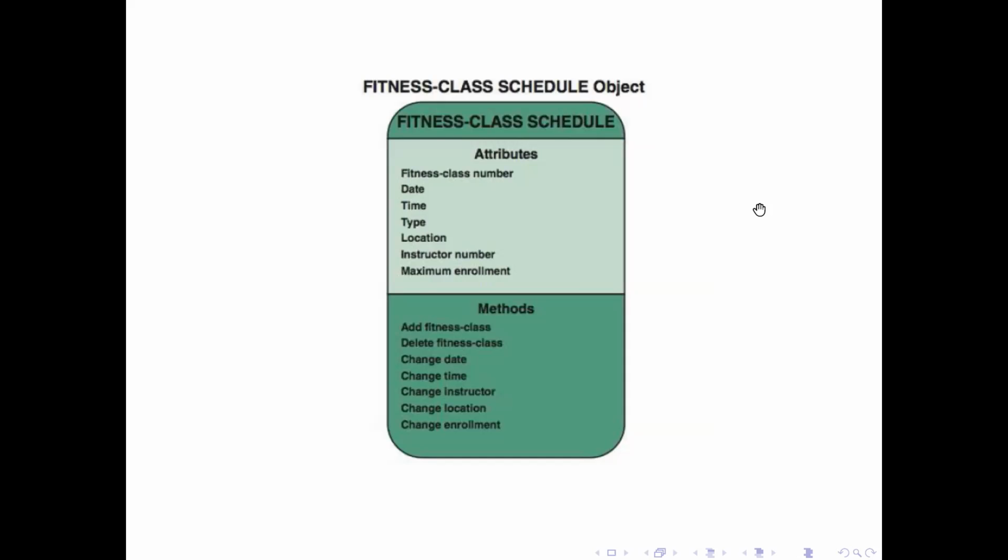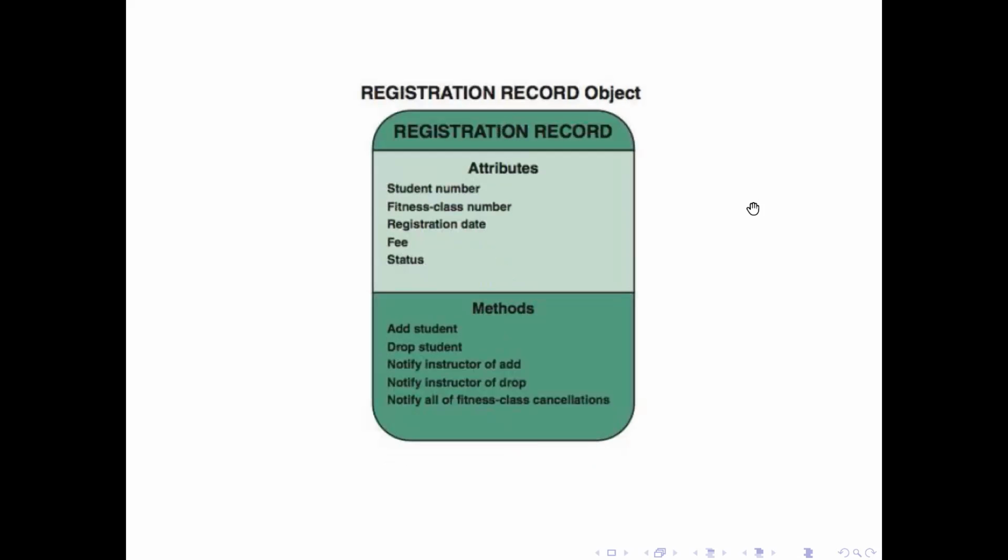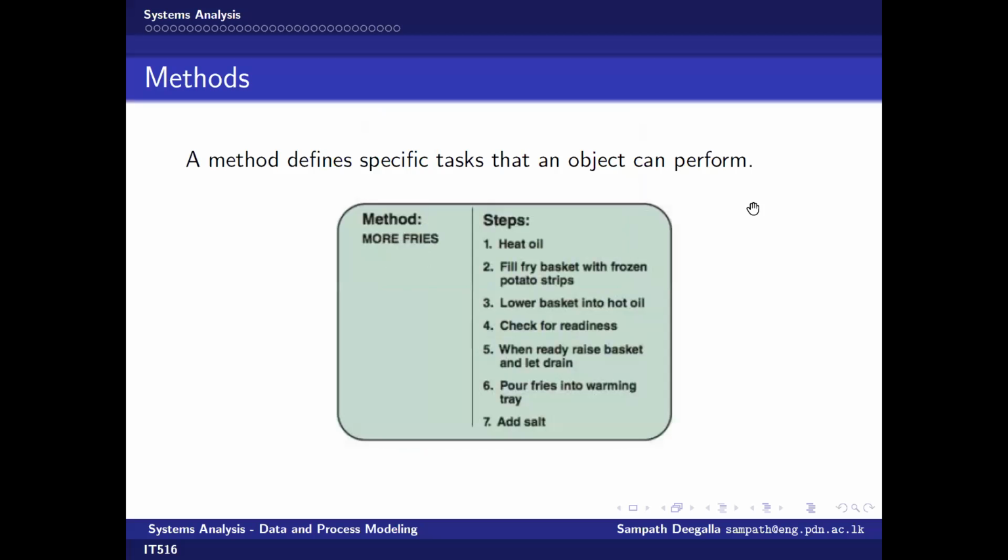Similarly, another one, you have a set of attributes and you have a set of methods. Again, another object. We have a registration record. Okay, so we have student number, fitness class, registration date, and fee and status. Right, so that's about the attributes.